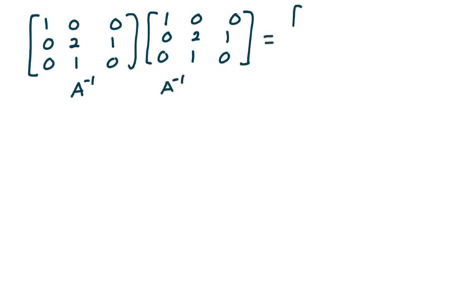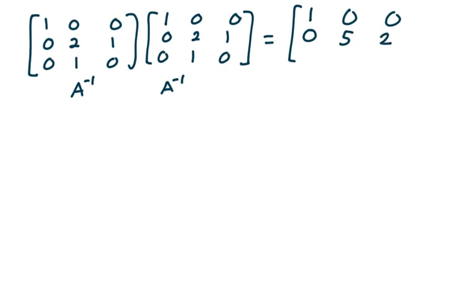When I multiply those, I get 1, 0, 0, 0, right? And then 0, 0, 0. And then 0, 0, 0. 0, 4 plus 1 is 5. And then 0, 2, 0.